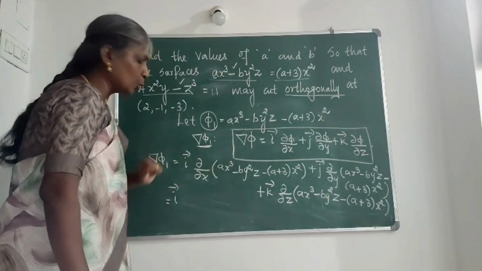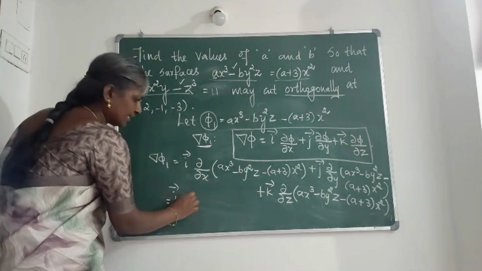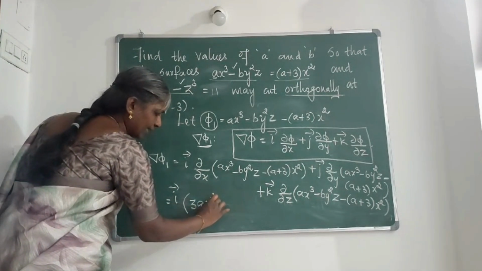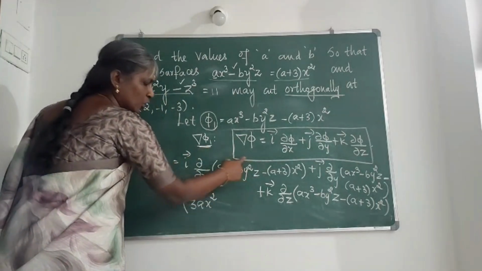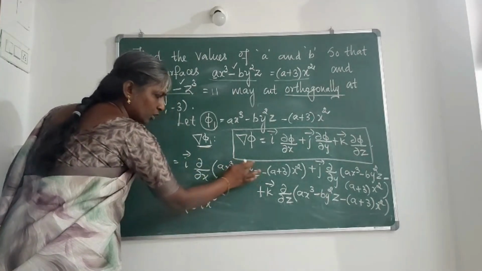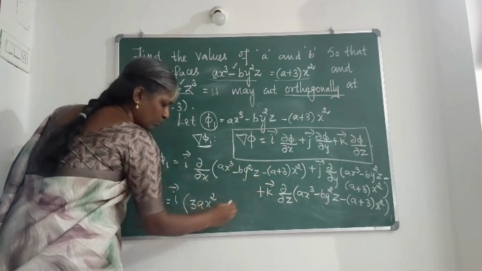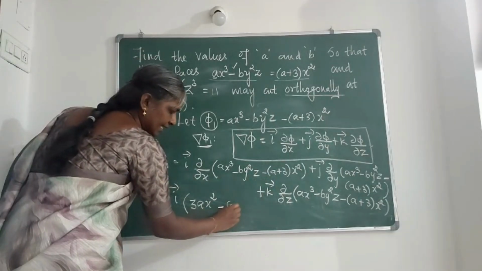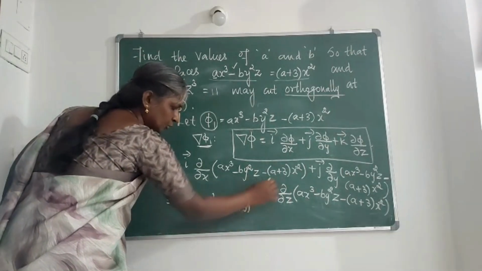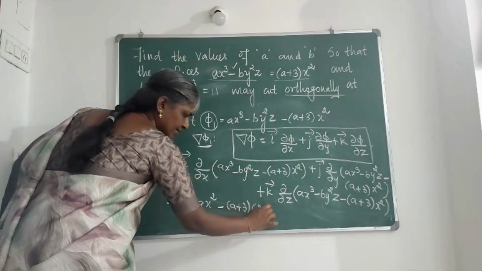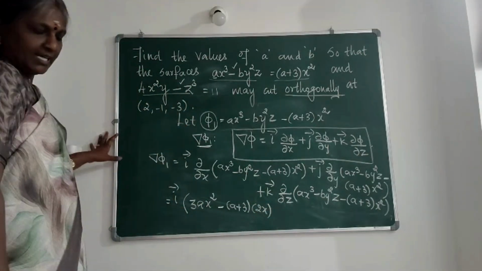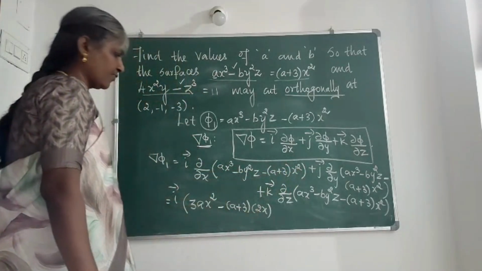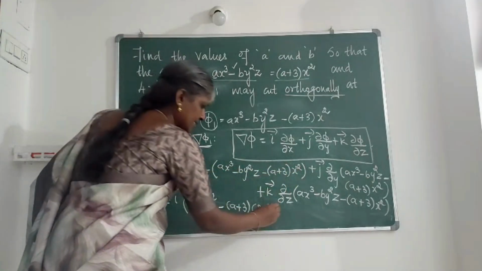Upon ax³, differentiation is nothing but 3ax². Here we are not having an x term, so automatically that becomes 0. Minus, what are we having here? (a+3) into 2x. Am I right? Because a+3 is a constant, and the differentiation of x² is nothing but 2x.